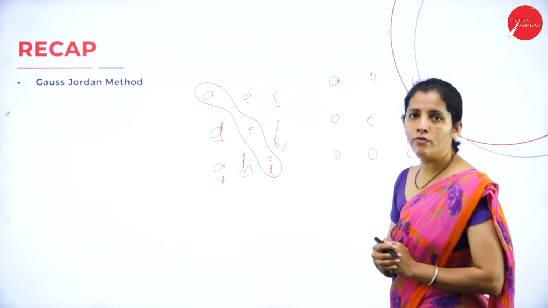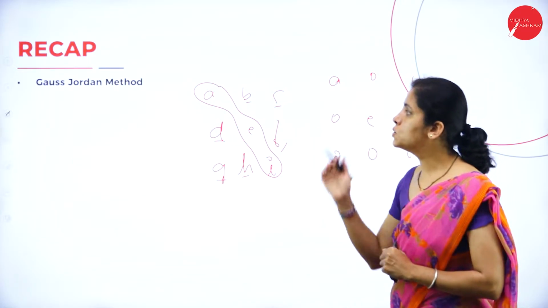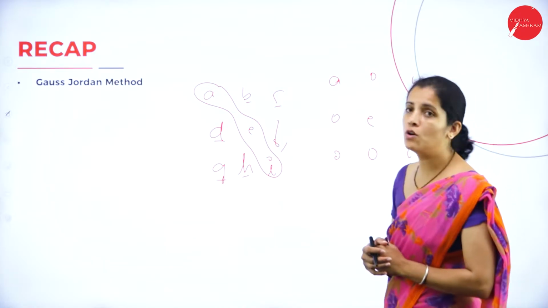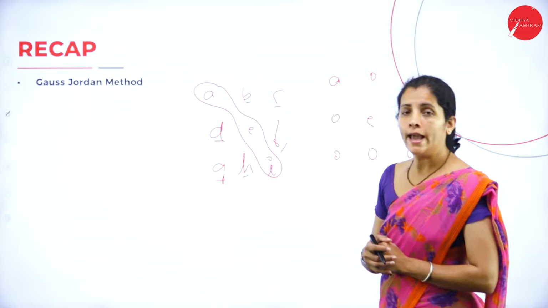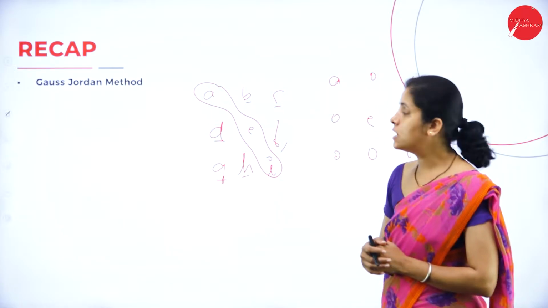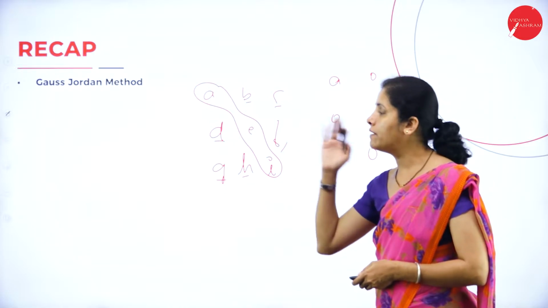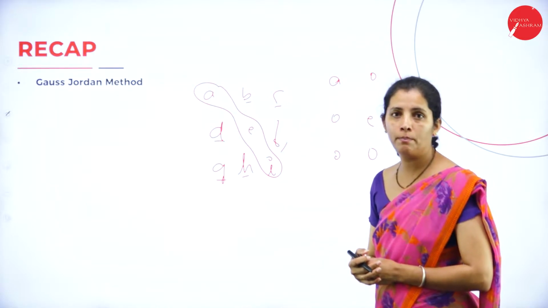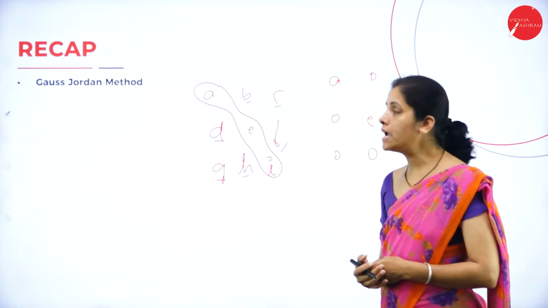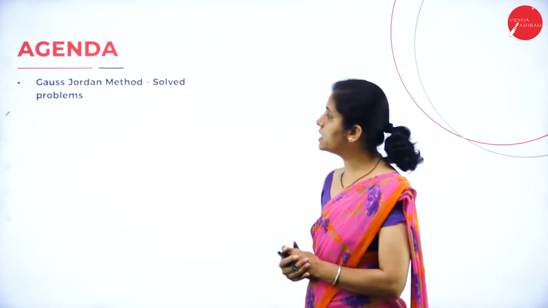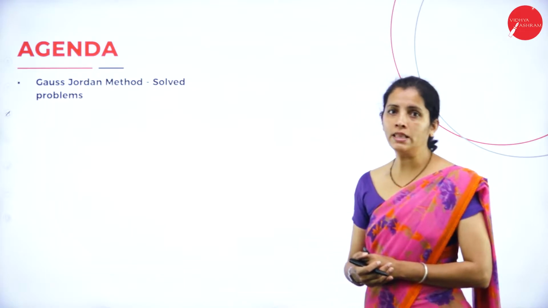This kind of solving is known as the Gauss-Jordan method. In the sense, by using the Gauss-Jordan method, except diagonal elements, I'm going to make the rest of the elements 0. I have discussed some example problems, and once again, in today's session, I'm going to solve a few more problems under the Gauss-Jordan method.